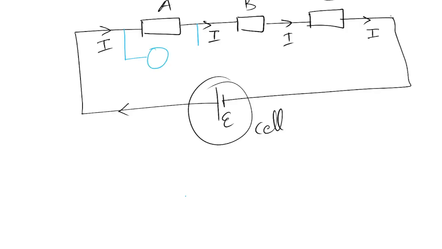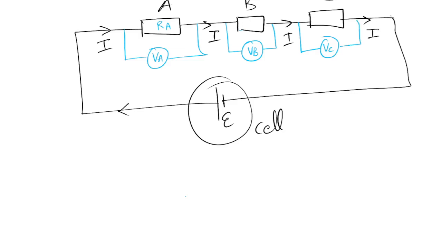Let's say this resistor has resistance RA. So the voltage across resistor A can be VA, the voltage across resistor B could be VB, and the voltage across resistor C could be VC.